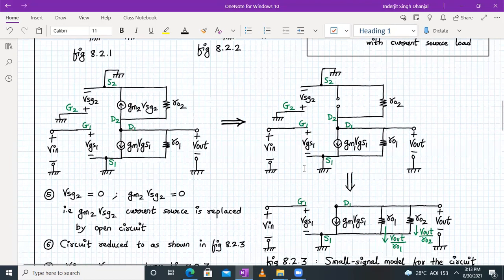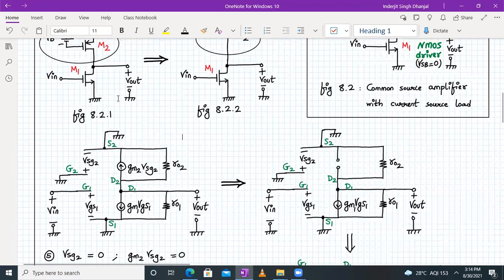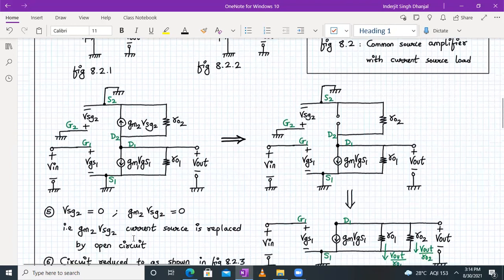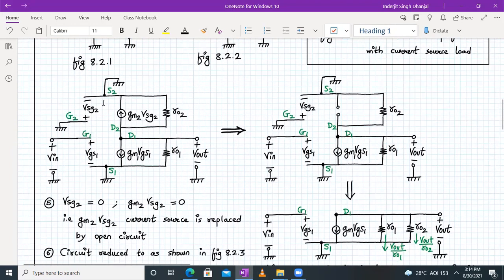So just have a look at what we have done so far. We have drawn the small signal model for the M1 transistor and the M2 transistor and joined them together. Now we have concluded that the gate terminal and the source terminal of the M2 transistor are the same, and they are connected to ground. So the GM2 VGS2 current source will be 0, so we replaced it by an open circuit.